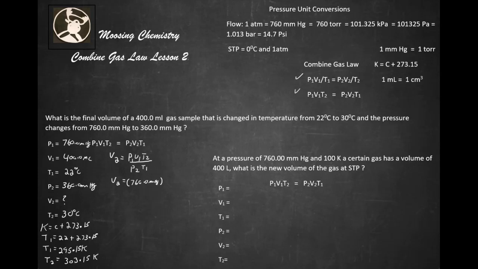Times our volume, 400 milliliters, times our second temperature, divided by our second pressure, which was 360, times our first temperature, which was 295.